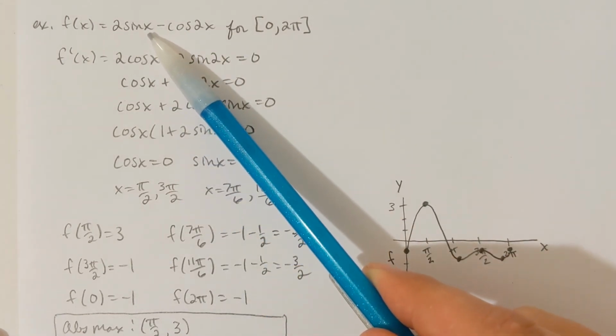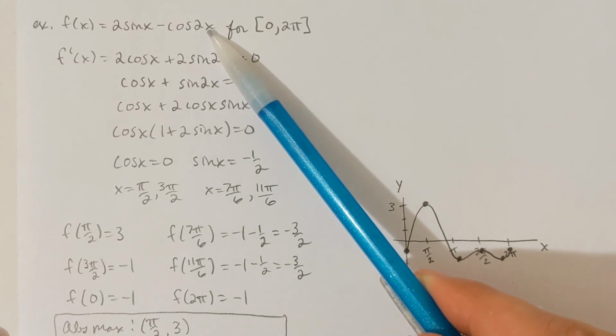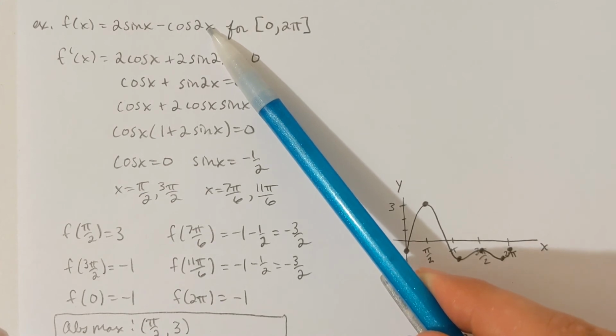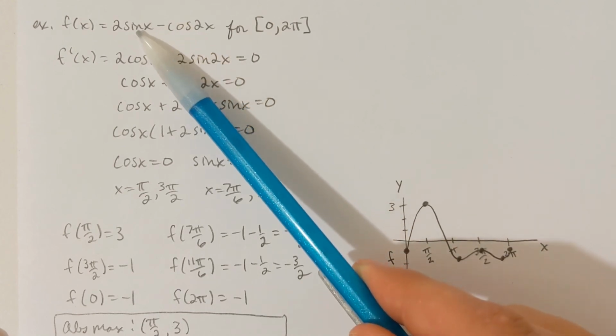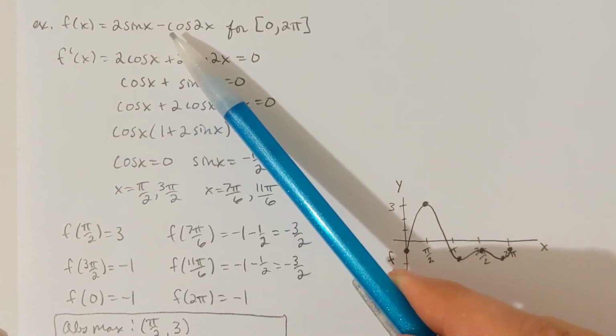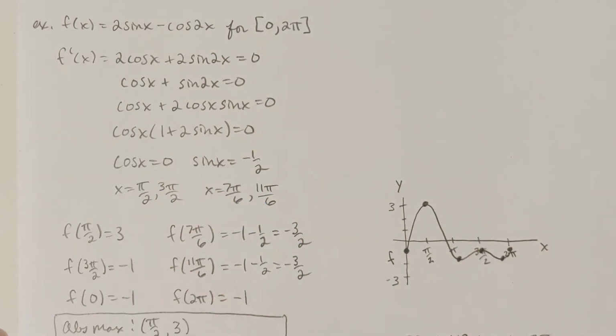Sine of 3 pi over 2 is -1. Cosine of 2 times 3 pi over 2, the 2's cancel. Cosine of 3 pi would be the same as cosine of pi, that's -1. So I'm getting -2 minus -1, that'd be -2 plus 1 is -1.